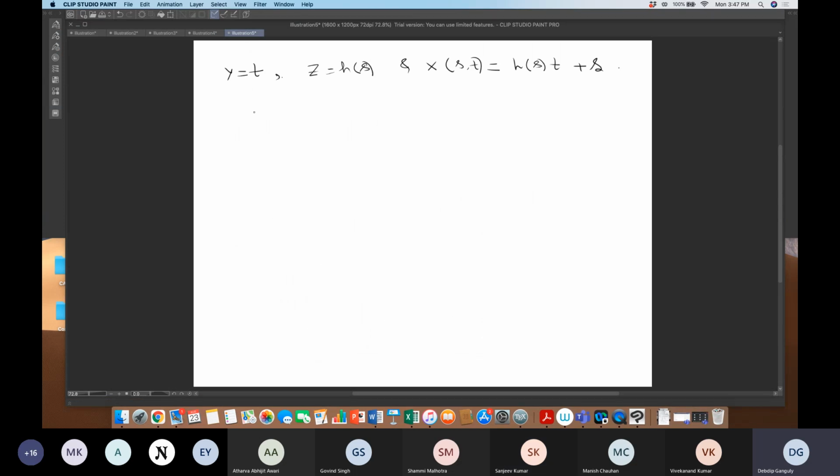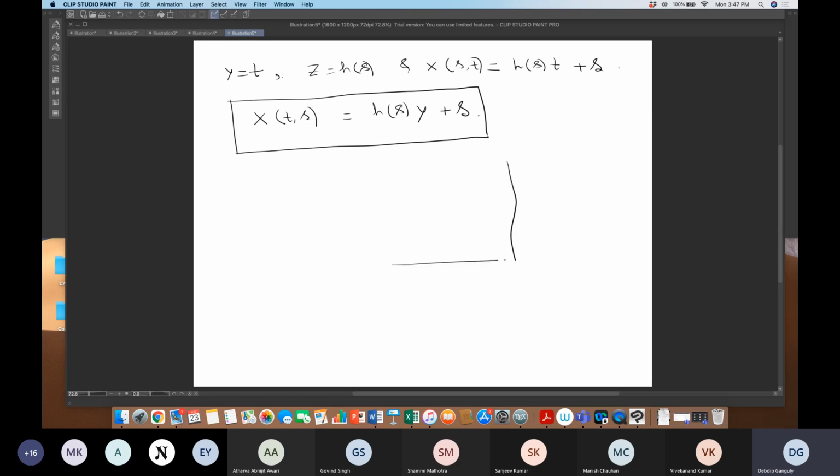So what is the characteristic line? Yes, I can substitute h of s, t is y. So what is the equation of this? x is equal to h of s times y plus s.